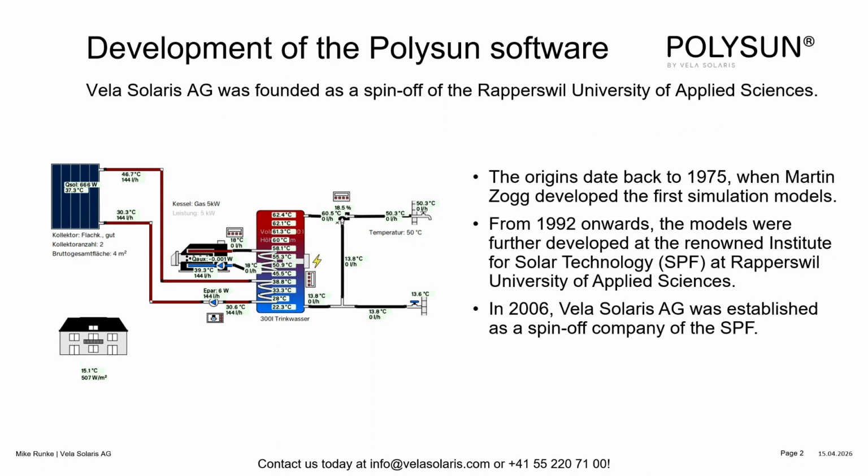In 2006, now 20 years ago, Vela Solaris AG was established as a spin-off company of the SPF. And furthermore, we continuously calibrate Polysun alongside universities such as Kassel and Dalarna against test data and real-world measurement data.